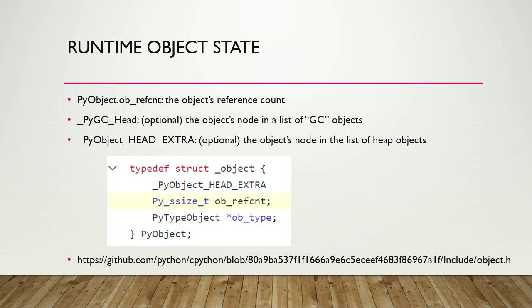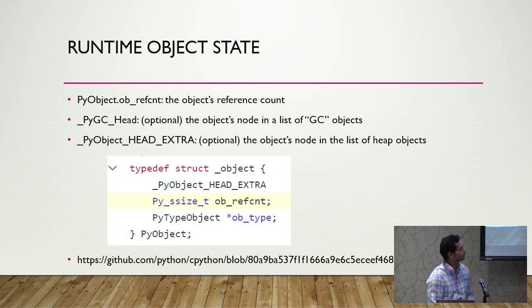Okay, before that, I would like to show a runtime object state, how it looks. This is from object.h, from the CPython code. If you see the type defined, the structure is _object, we have a head, we have an object reference count, and the type object.